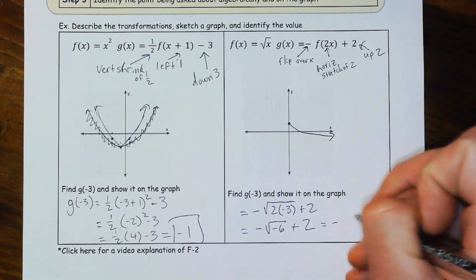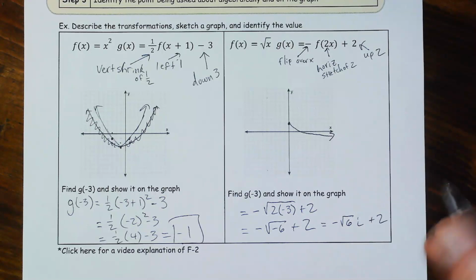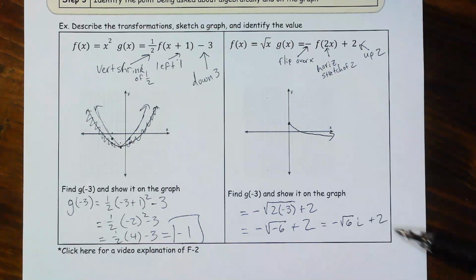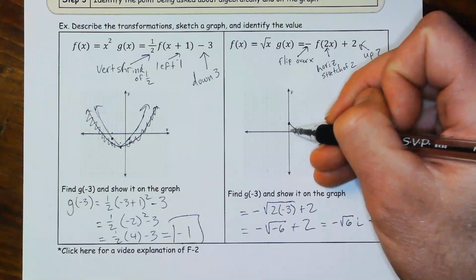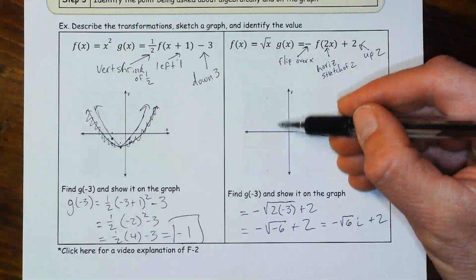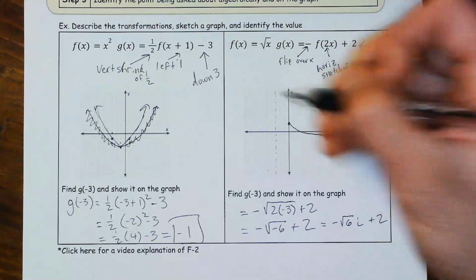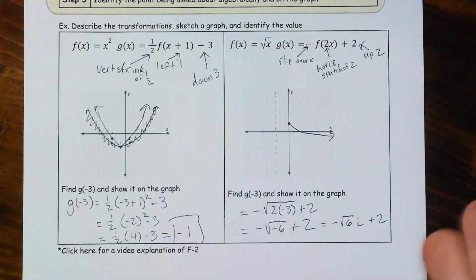So this would be negative root 6i plus 2. But if I have an imaginary solution, that doesn't actually show up on the graph. And that should make sense, because where is x equals negative 3 on the graph? Well, it's over here. Is my square root function graphed anywhere along that line? And the answer is no.